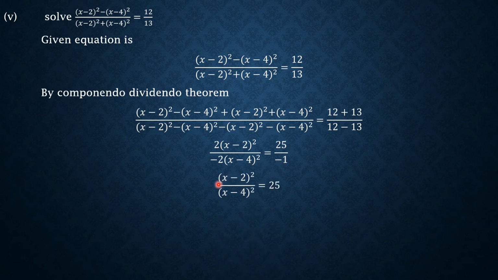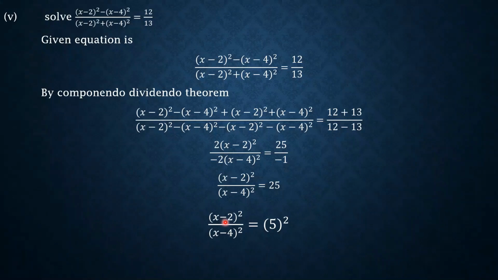Now 2 is cancelled with 2, and the negative is cancelled with the negative on the right side. So we have the resulting fraction as x minus 2 whole square by x minus 4 whole square equal to 25.